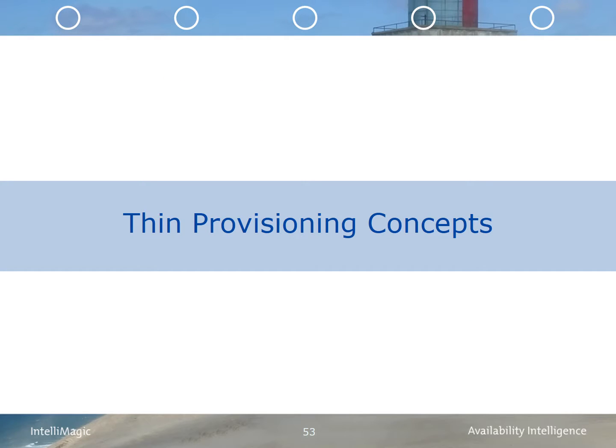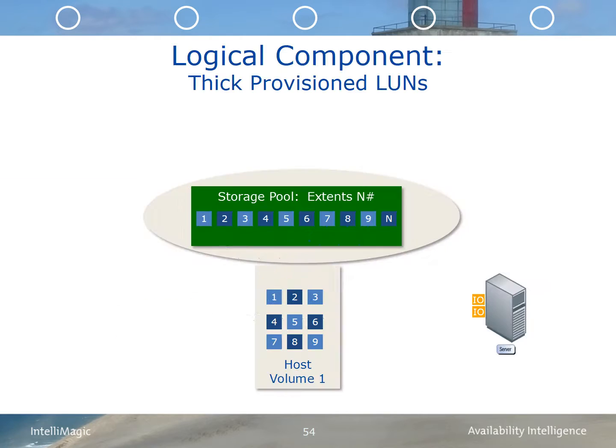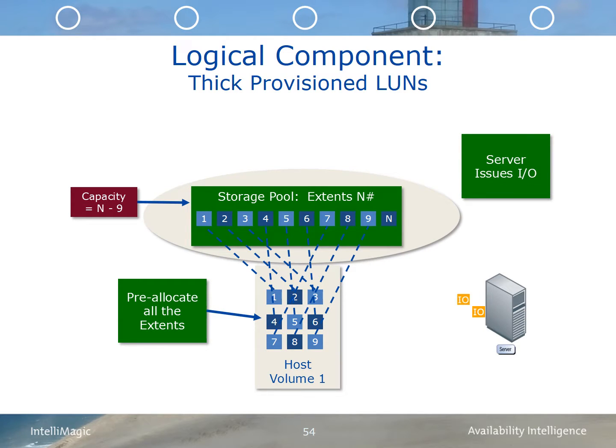In this last section, we're going to look at the thin provisioning concepts. Let's take a quick look at the way thick provision volumes work. A host will get assigned a volume, and let's say that volume consists of n extents.